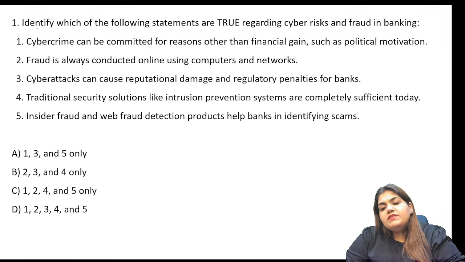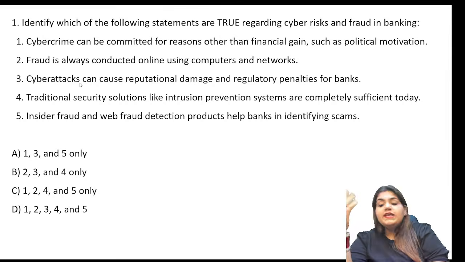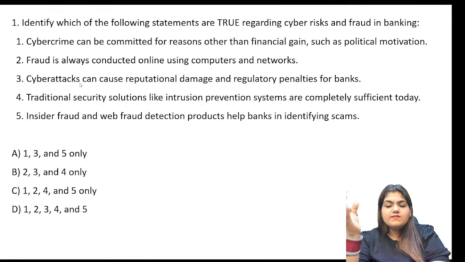Which of the following statements are true regarding cyber risk and fraud in banking? Cyber crimes have political, personal, exploratory motives. Okay, so it is for the financial gain of people who want to extort money from somebody else.